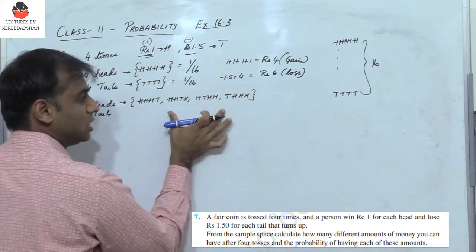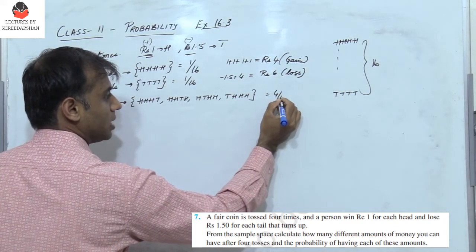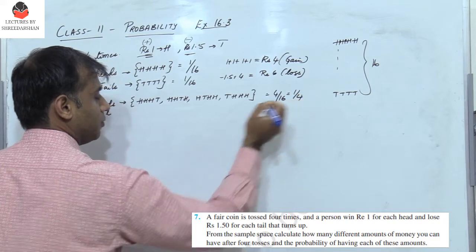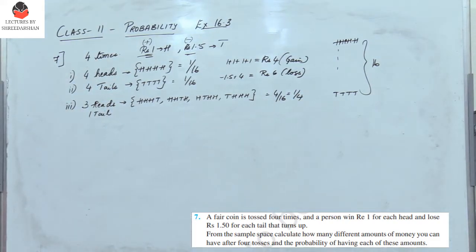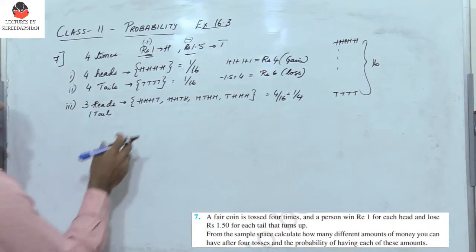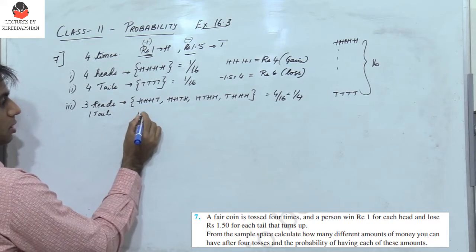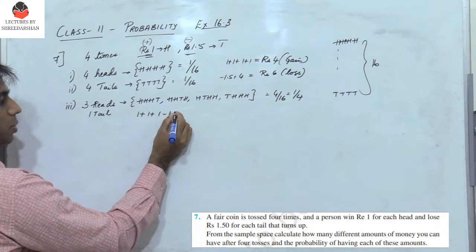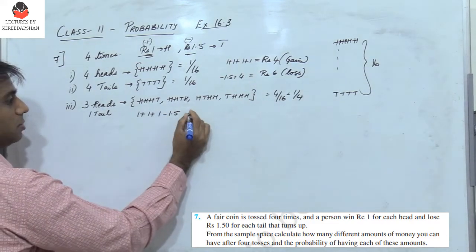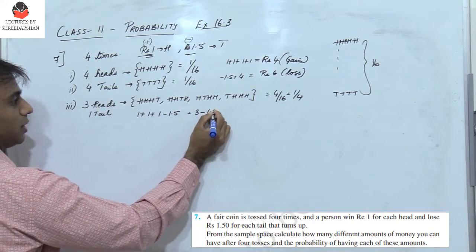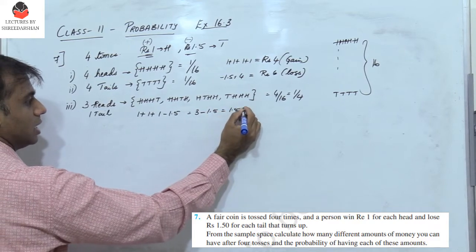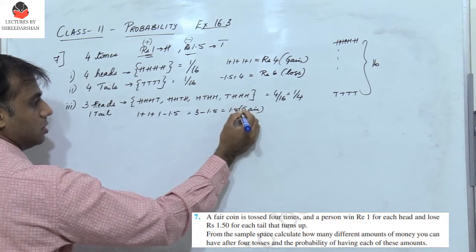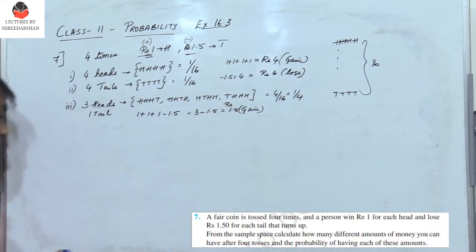So the probability of this event occurring is 4 by 16 equals 1 by 4. So this is the probability, 1 by 4. So since 3 heads occur, you have a gain of 1 plus 1 plus 1 minus 1.5. So 3 minus 1.5, which is 1.5 gain. So rupees 1.5 is gained if 3 heads occur.